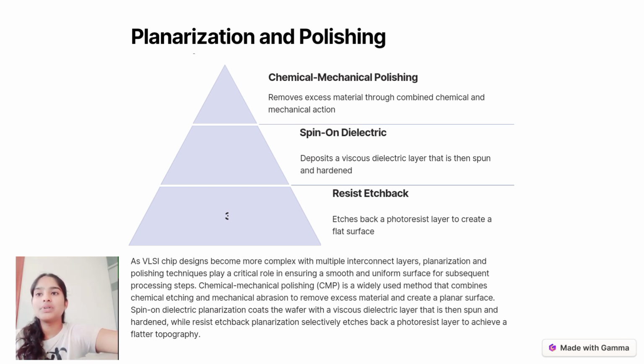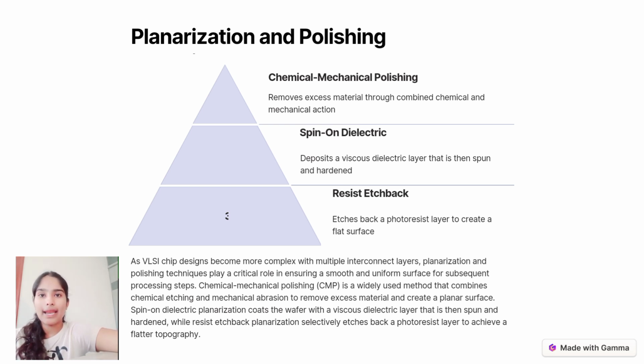As VLSI chip designs become more complex with multiple interconnect layers, planarization and polishing techniques play a critical role in ensuring a smooth and uniform surface for subsequent process steps. Chemical mechanical polishing is a widely used method that combines chemical etching and mechanical abrasion to remove excess material and create a planar surface.